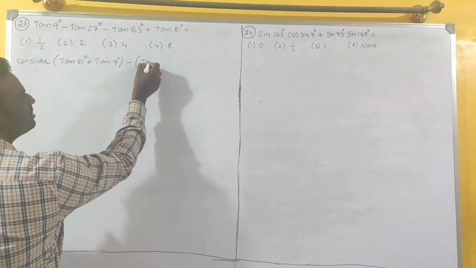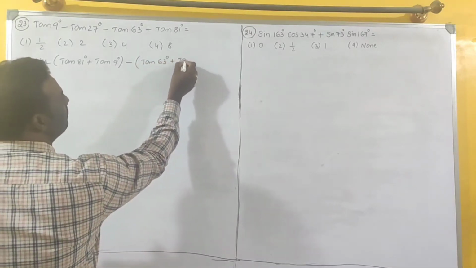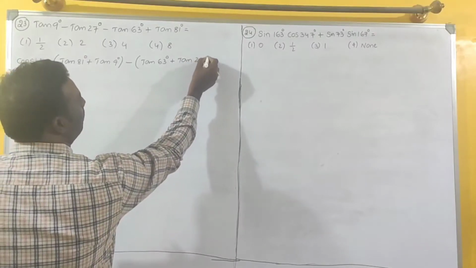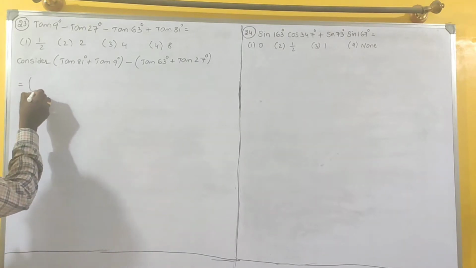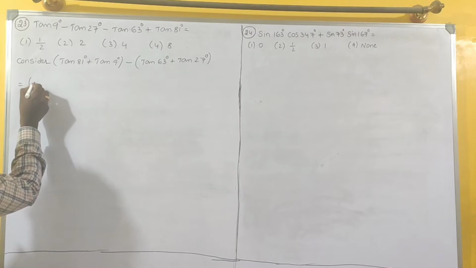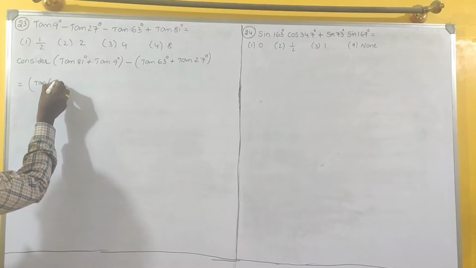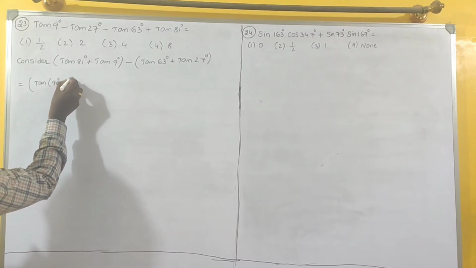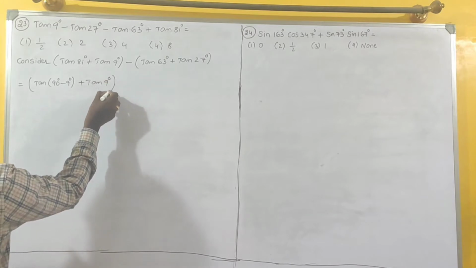Again I am taking the highest one, tan 63 plus tan 27. Okay, now that equals tan 81, which can be written as tan (90 minus 9) plus tan 9 degrees.